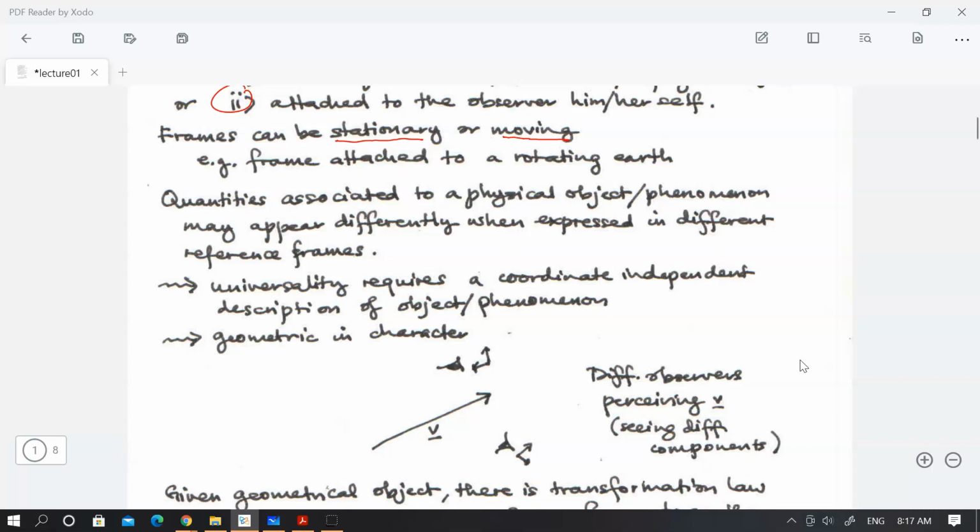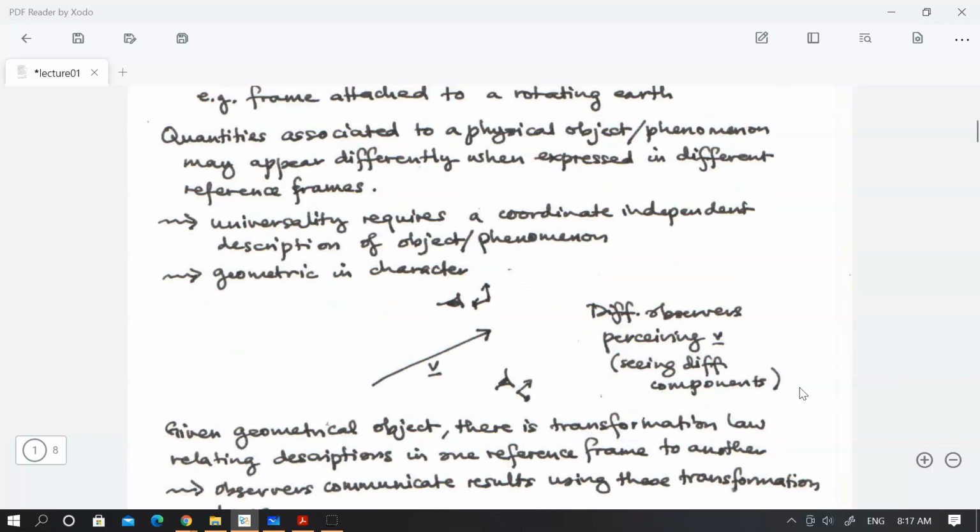That means there must be some nature of the quantities that you're describing that is going to be fixed in some way or another. Normally we call this characteristic being geometric in nature. Here's a cartoon showing you a particular phenomenon given by this particular vector.